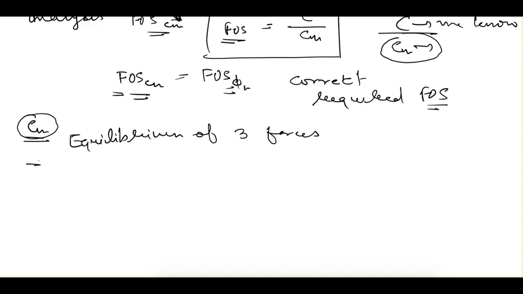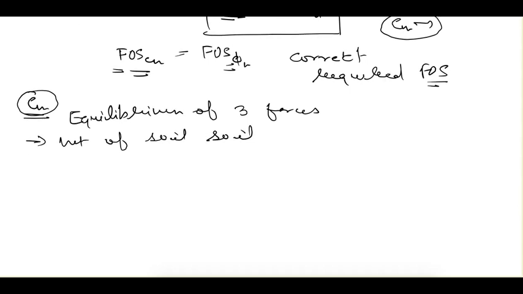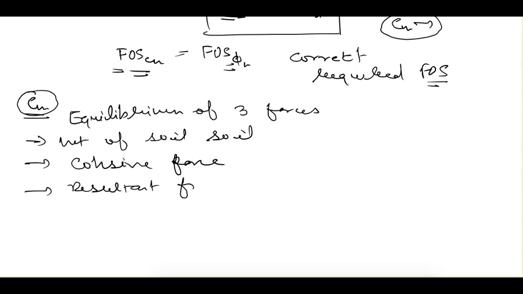What are these three forces? The weight of the soil mass, that is the weight of the soil which is above the slip surface, and second is the resultant cohesive force and the resultant frictional force.